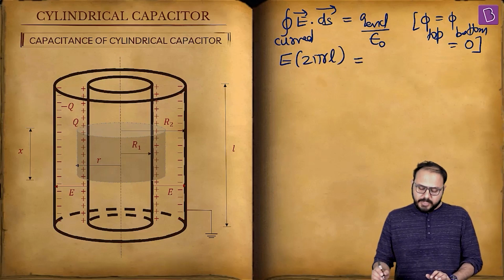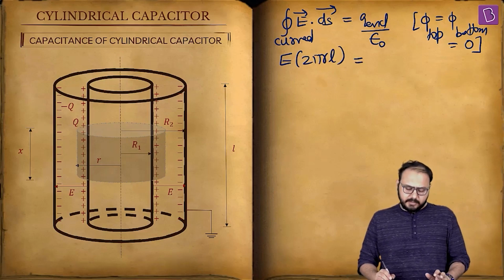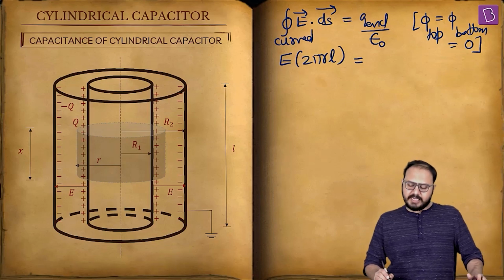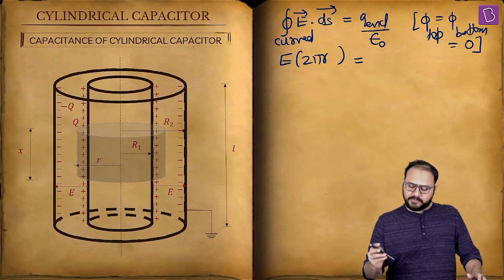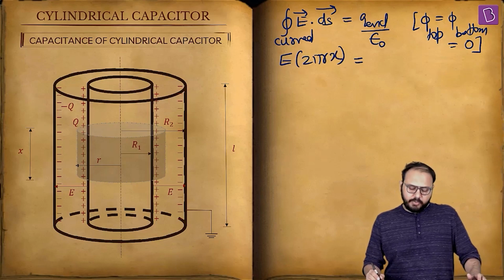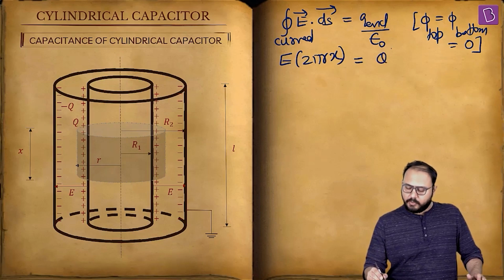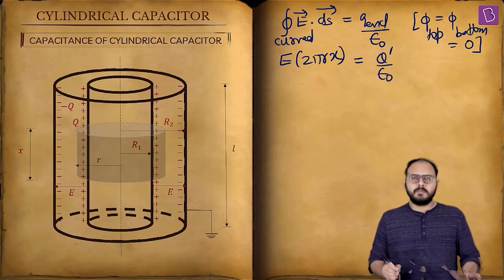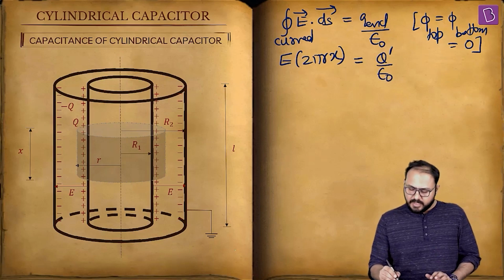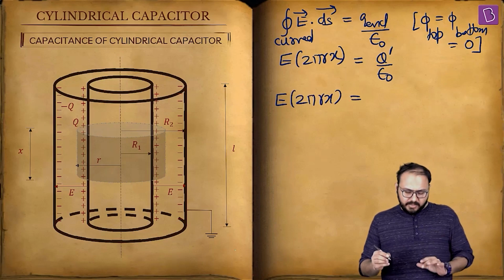And Q enclosed will be equal to how much? Since you chose length x, so 2 pi r x first of all. My bad. And if you take the linear charge, let's say we call it Q dash. Happy about it so far? The total charge Q is over L length of the cylinder.